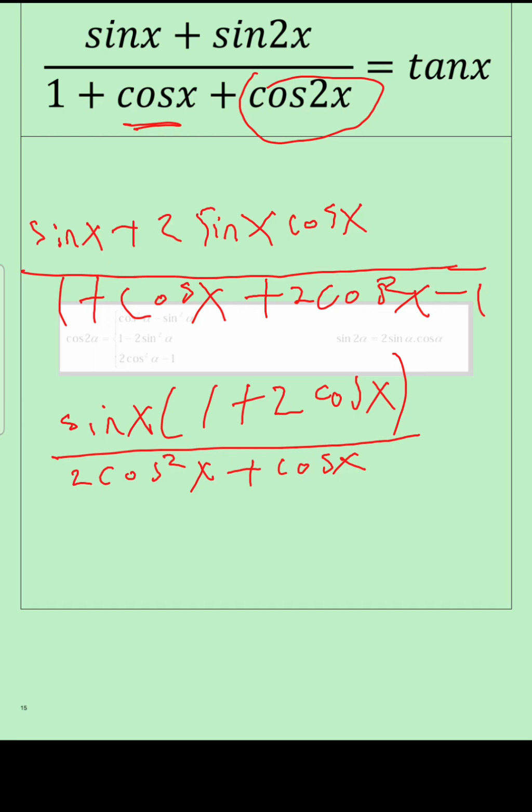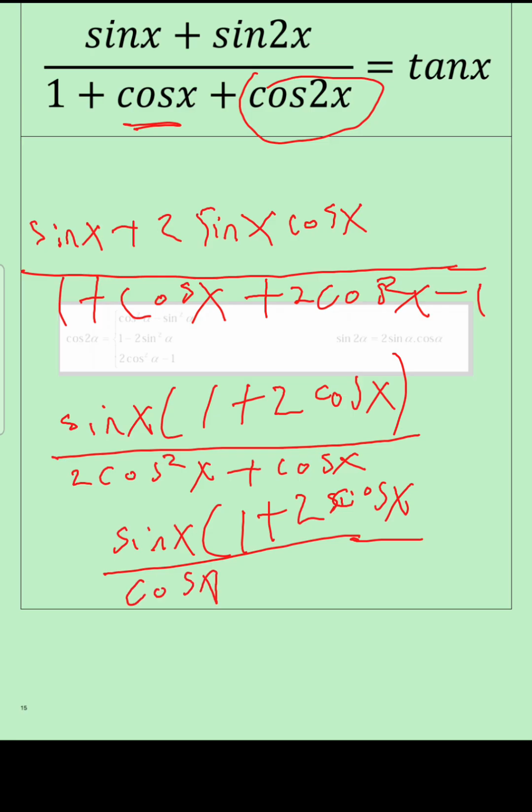Take out the common factor, which is cos x. So you remain with 2 cos x plus 1.